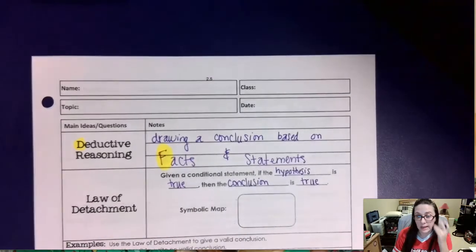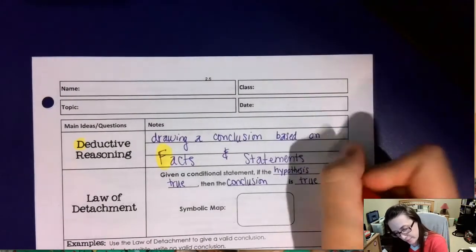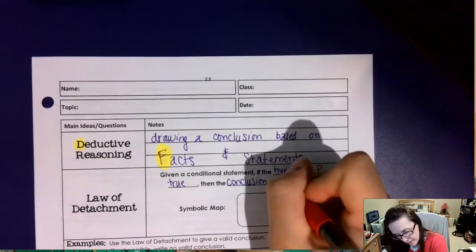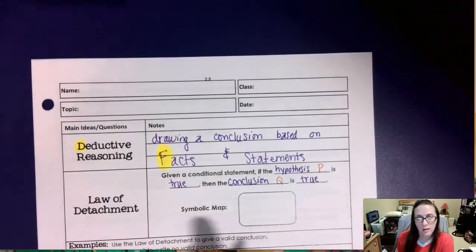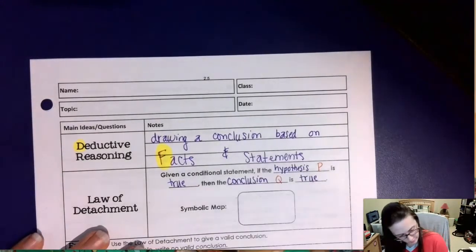So our law of detachment just says if the hypothesis part of the statement is true, then the conclusion must be true as well. And if you remember, we use these letters Q and P. P is our hypothesis, and Q is our conclusion. So the way we map this symbolically is if P, then Q.